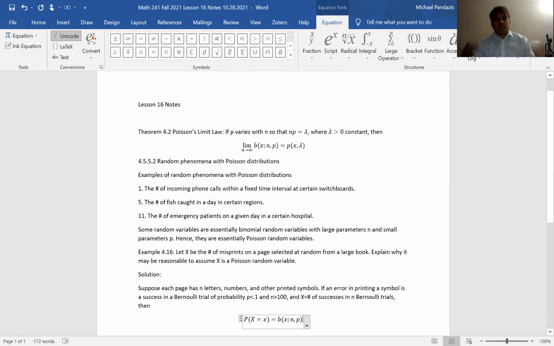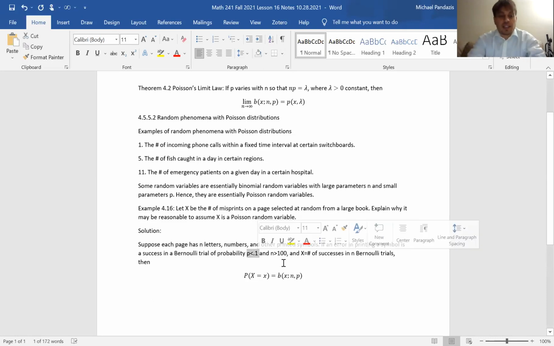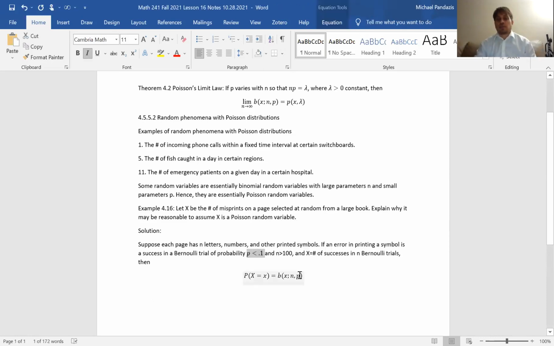So what this is saying is that you have a book where you assume each page has n letters, numbers, and other printed symbols. When you have an error, it's considered a success, and you assume the probability of an error is less than 1/10, which is reasonable, and that the number of printed symbols on each page is greater than 100, which is also reasonable.